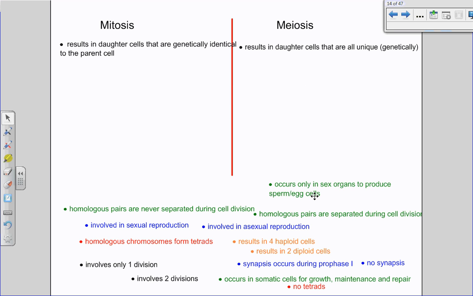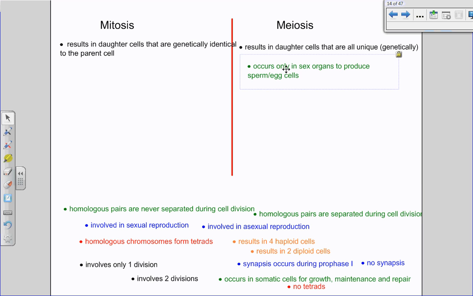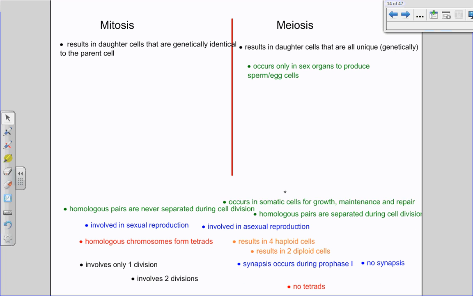Which one occurs only in sex organs to produce sperm and egg cells? Meiosis. Which one occurs in somatic cells for growth, maintenance, and repair? Mitosis.